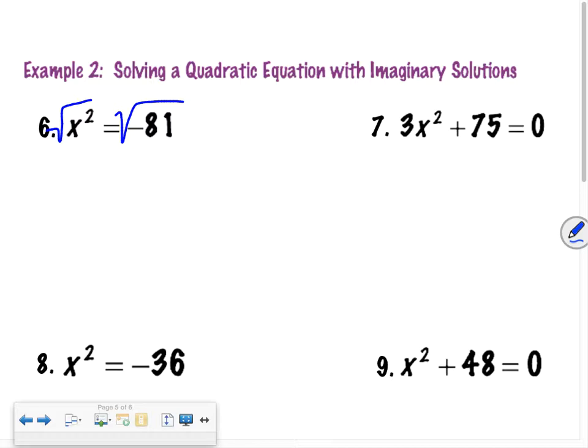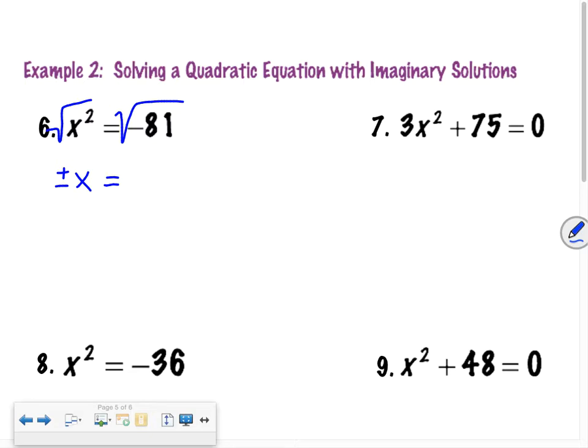If you take the square root of a variable that's being squared, there are really two possible solutions. It's going to be plus or minus x. The reason is because even if x was negative, when you square it, you could still get the same number as you do when x is positive.